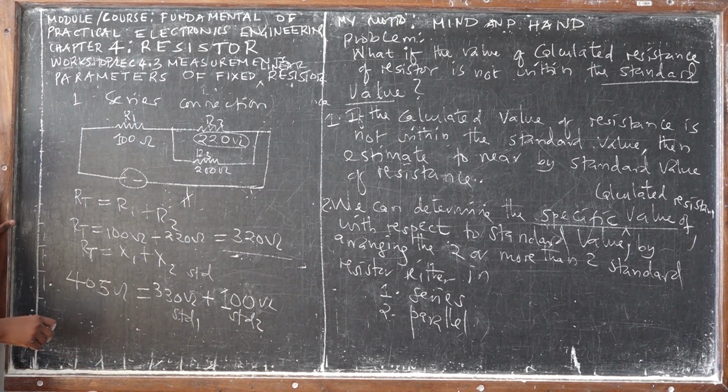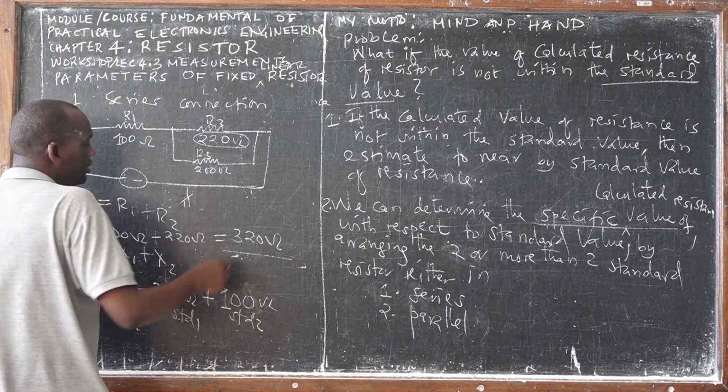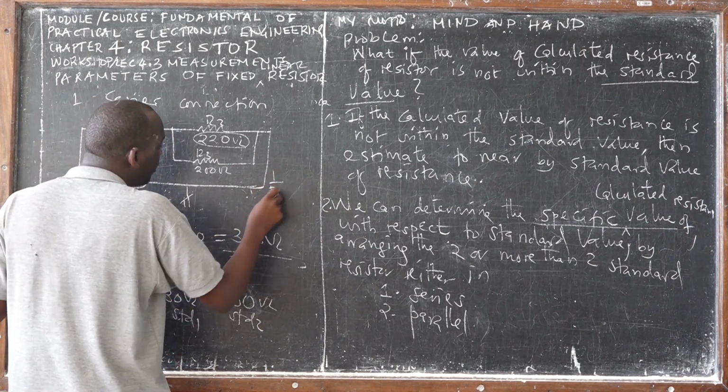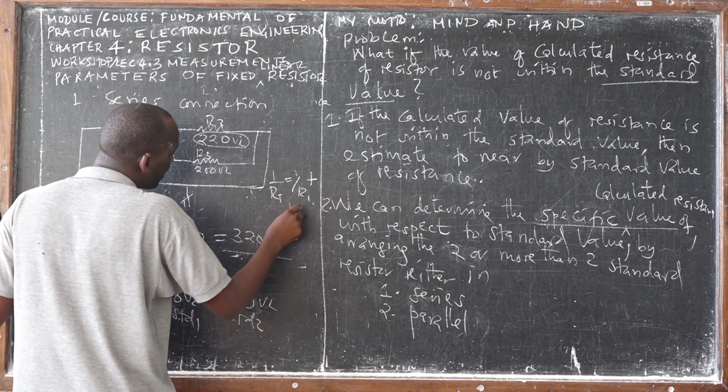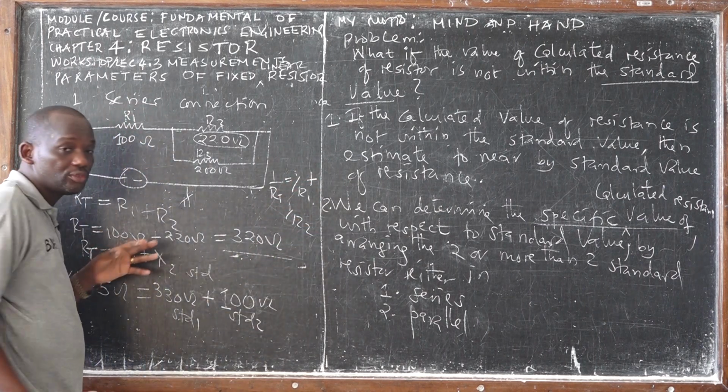So for parallel connection, what do we say? We say that 1 over R total is equal to 1 over R1 plus 1 over R2. Hopefully you remember this one.